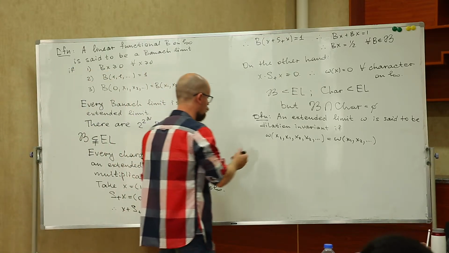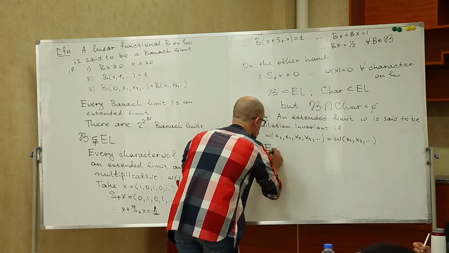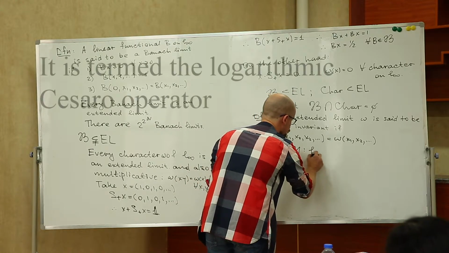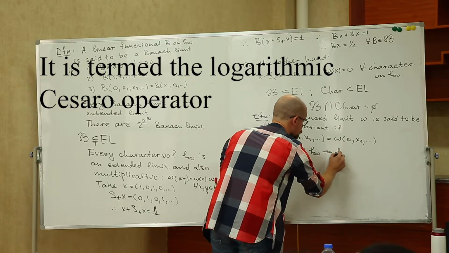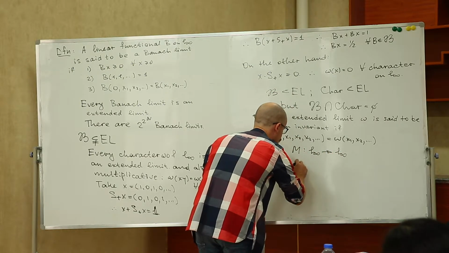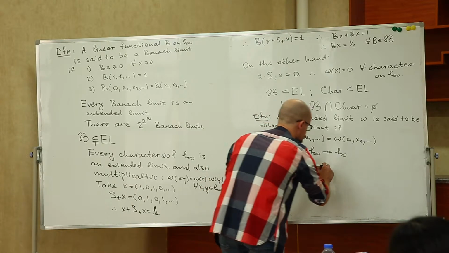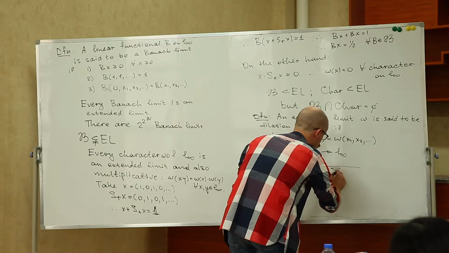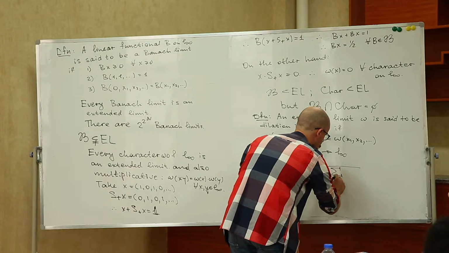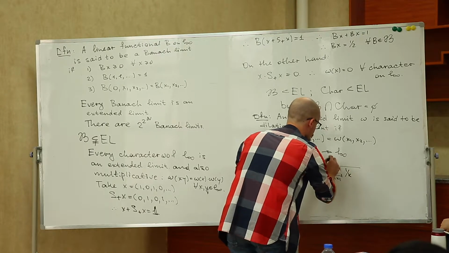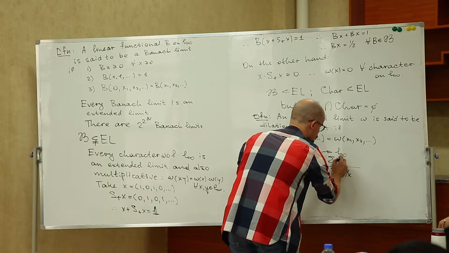So, well, let's go into an example. Consider an operator N from L infinity to L infinity and define it as N of x at n equals, at the bottom, the sum over k from 1 to n of 1 on k, and in the numerator the sum of xk on k.